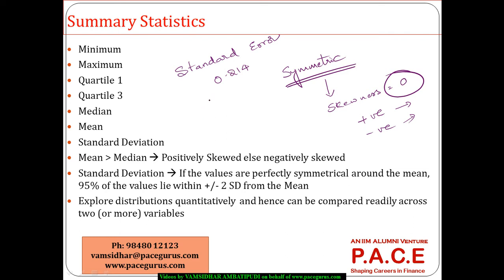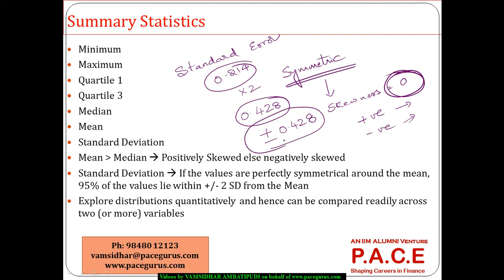A simple way to check if the skewness is around zero, since an exact zero is not possible, is to take the standard error and double it, which gives 0.428. If my value lies between plus or minus 0.428, I equate it to 0 and say it is very close to 0.